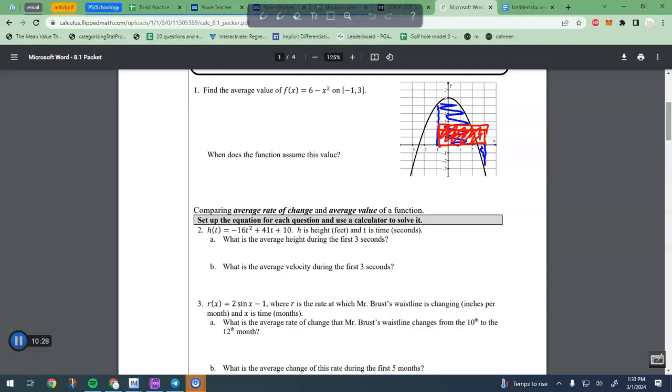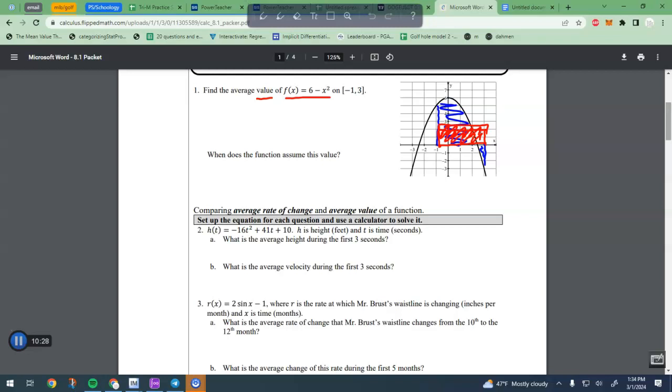So the average value, first of all, are we looking for information about this equation or the level below? How do you see that we're doing the level below? I want the value of that function. I'm looking at my level.